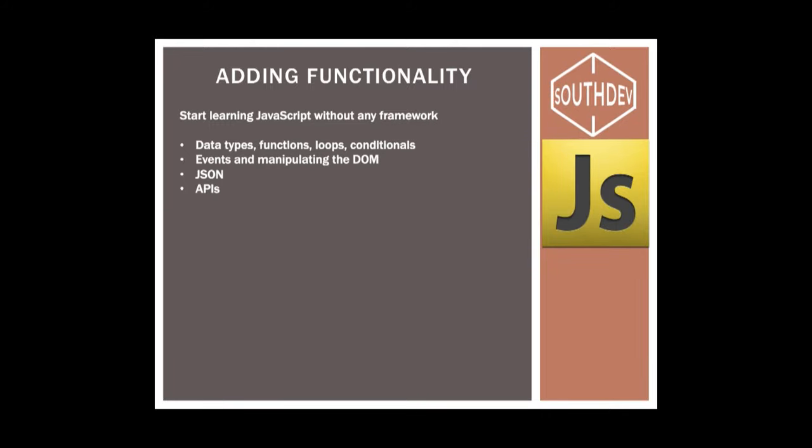Then you basically just want to learn what data types are, functions, loops, conditionals, events and manipulating the DOM, then learn about JSON data, which you will really use when it comes to working with APIs.